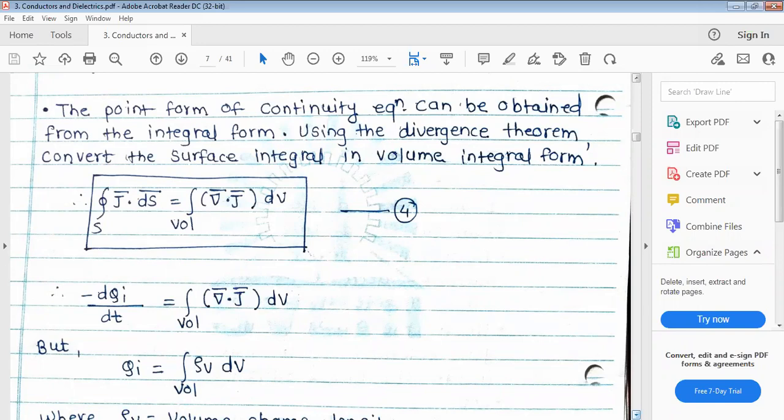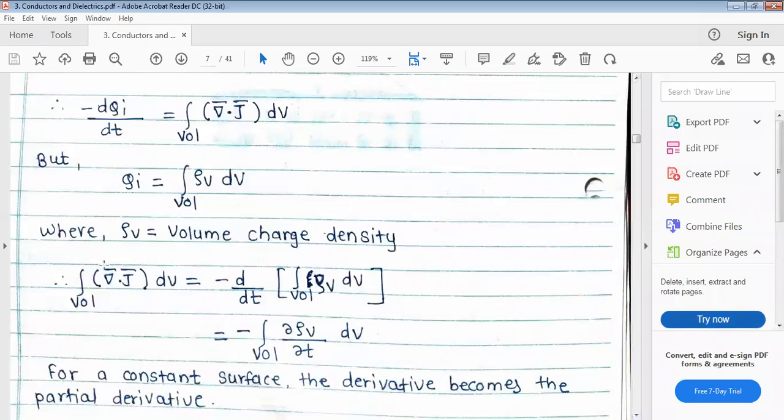We have seen these equations in the second chapter, when we studied Gauss law, and I gave you these equations. We can find the charge by using the volume integral of rho v into dv, where rho v is the volume charge density.